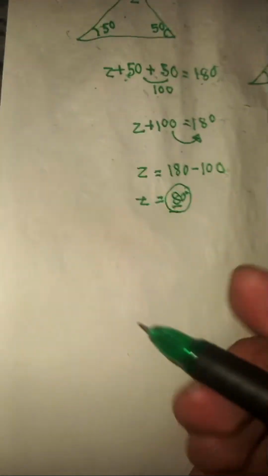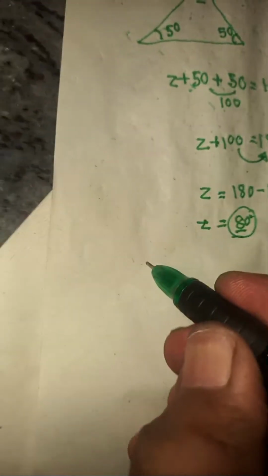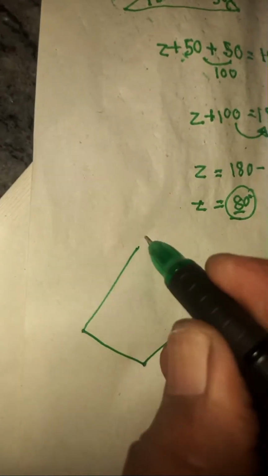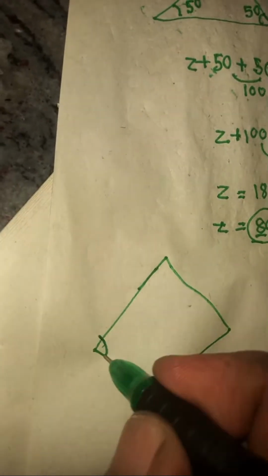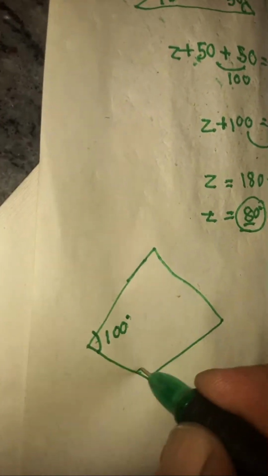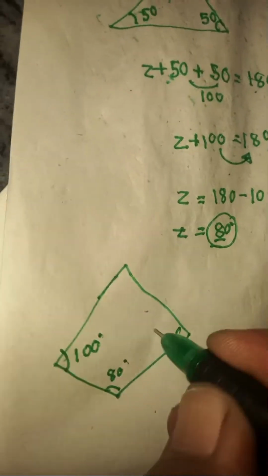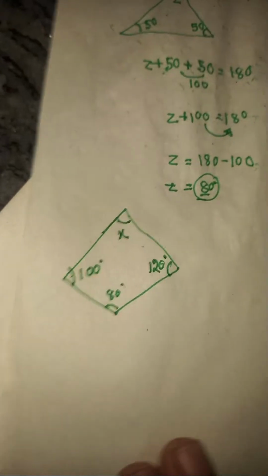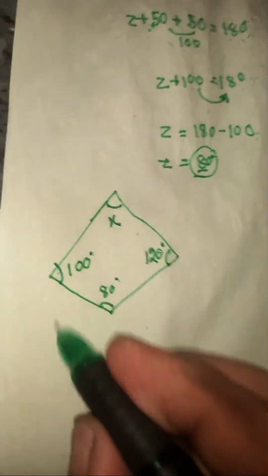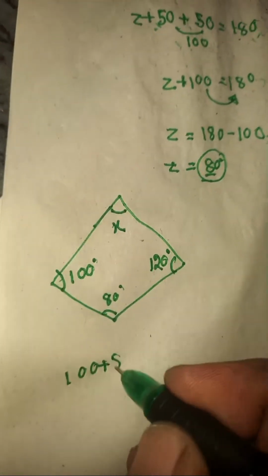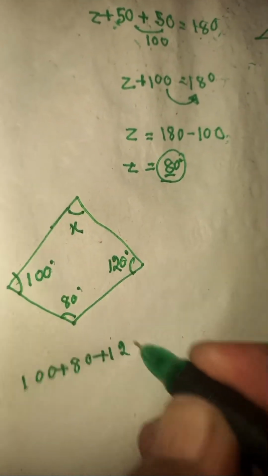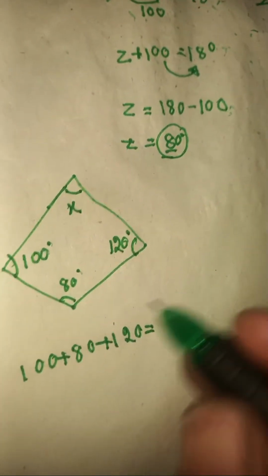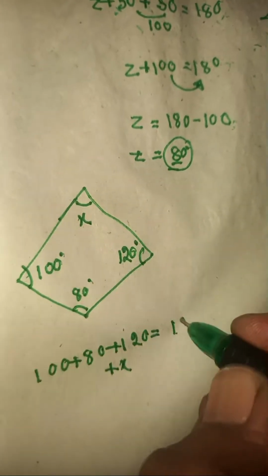Now I take one more quadrilateral problem. Here they have a quadrilateral. They have given this angle as 100 degrees, this angle as 80 degrees, this angle as 120 degrees. You need to find out the value of x here. 100 plus 80 plus 120 plus x is equal to 360 degrees.